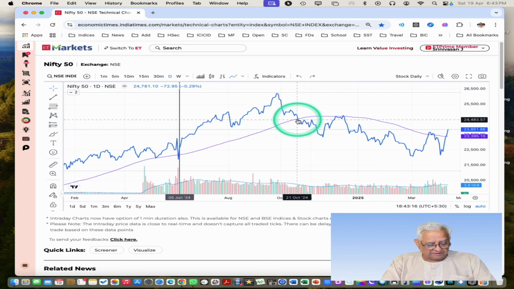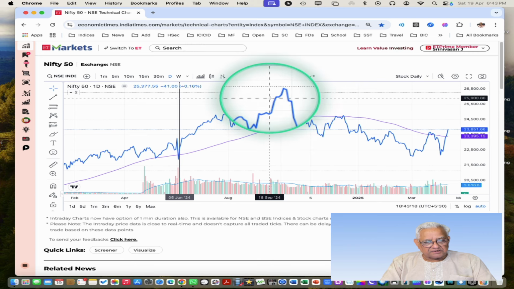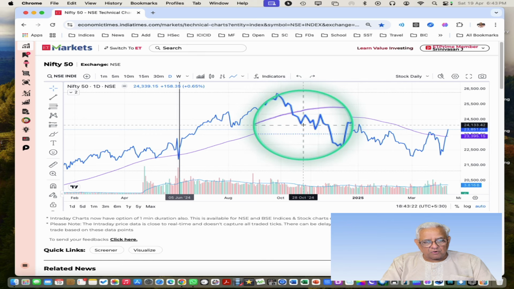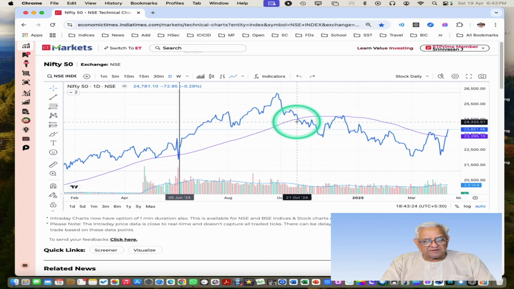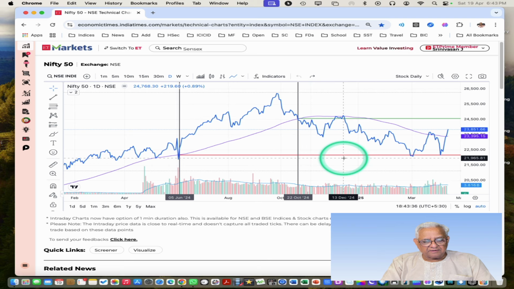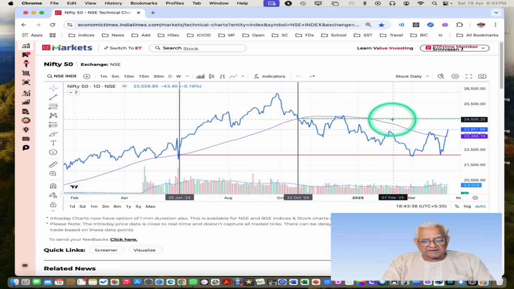This is a sell signal. A price chart moves down, crosses over, goes below the moving average. That's a sell signal. So I would sell over there. In other words, I would buy in the red line here and sell at the green line here.